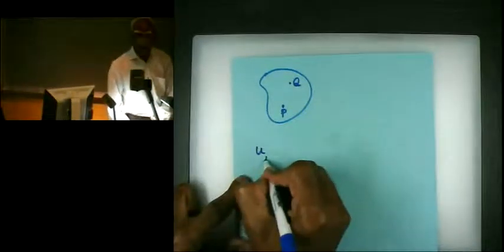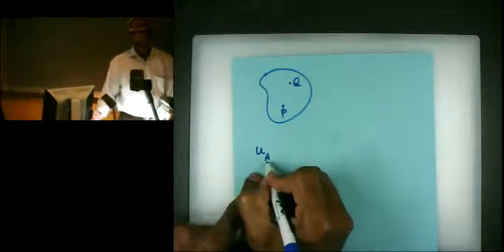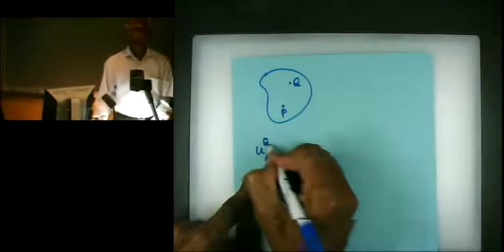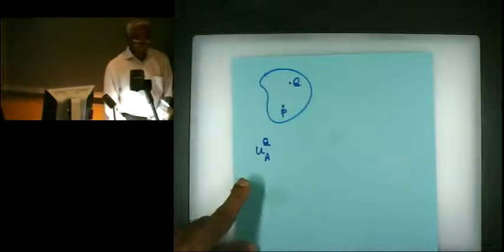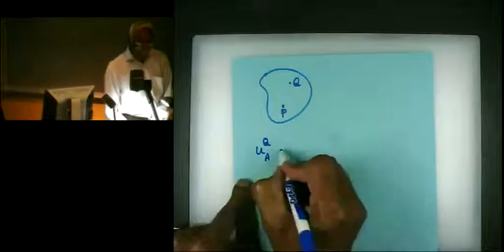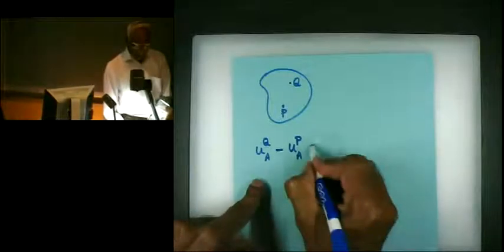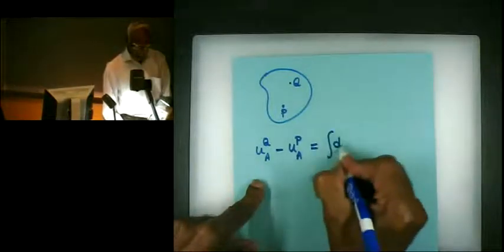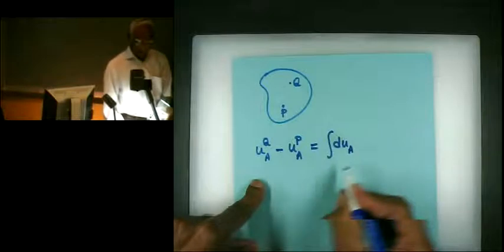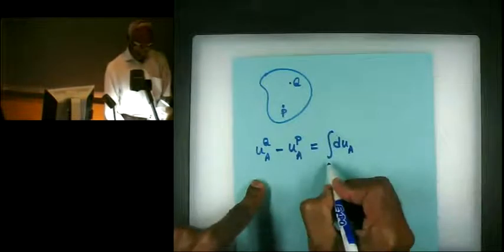The displacement UA at Q, where A is the index equal to 1, 2, 3, minus UA at P should equal the integral of the differential dUA from P to Q.